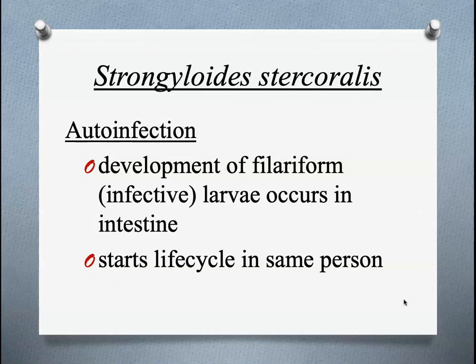Inside the patient's own body, inside the intestines, eggs hatch into rhabditiform larvae, which mature into filariform larvae. Then filariform larvae can go through the blood-lung cycle, and adults can mature from that. So it starts a life cycle within the same person. And this can be very devastating when the autoinfection occurs over and over again.